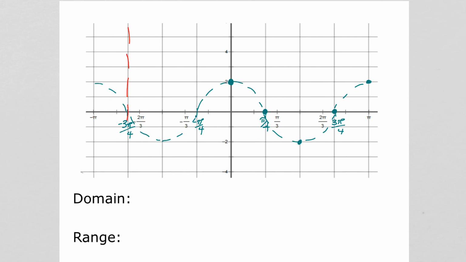So there will be one at negative 3 pi over 4, negative pi over 4, pi over 4, and 3 pi over 4. So I'm just going to put pi over 4 and 3 pi over 4. I'm just going to list two of them.